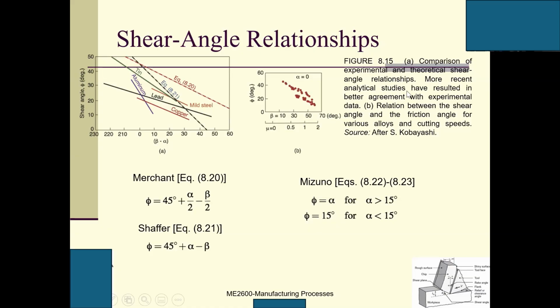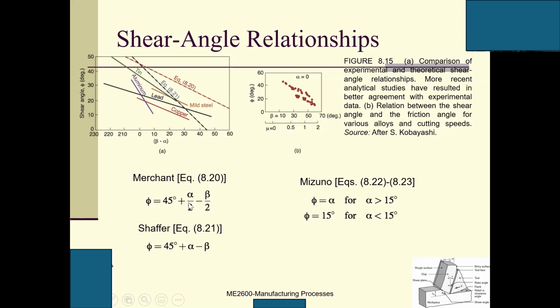More recent analytical studies have resulted in better agreement with experimental data. Here is the shear angle phi, and they have used different equations for different materials, and you get different curves here.